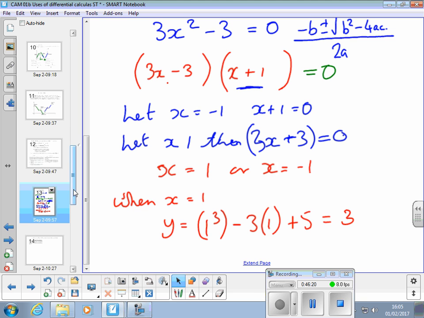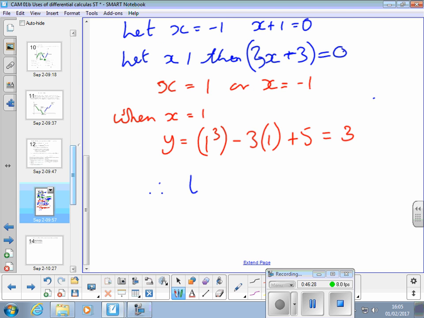So we have a turning point at, therefore, the coordinates 1, 3, where x is 1 and y is 3.